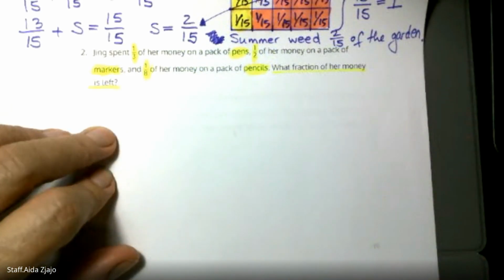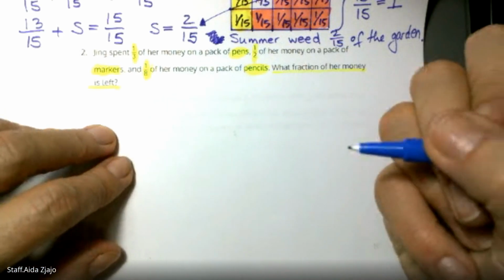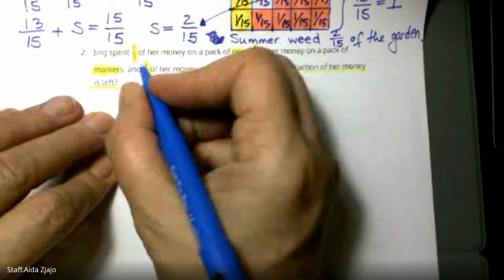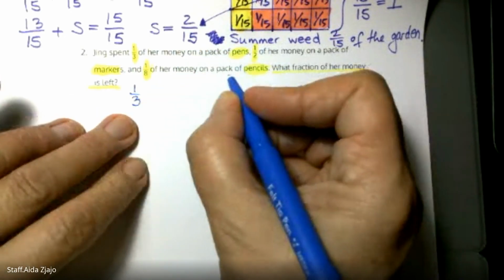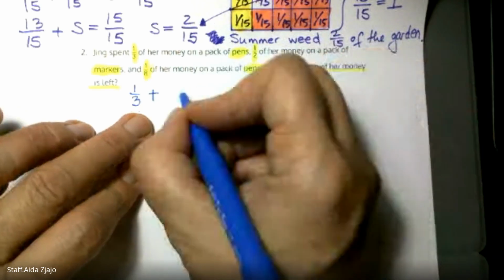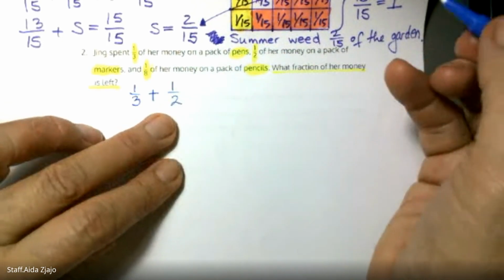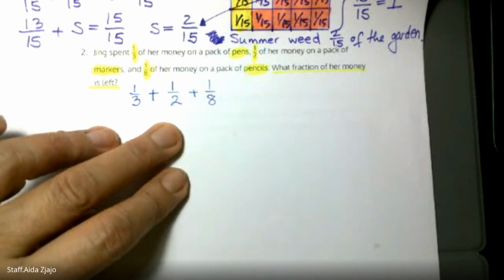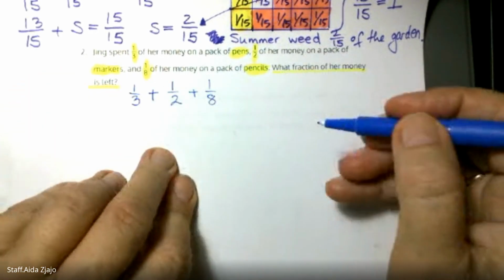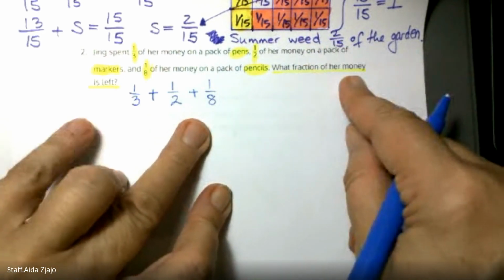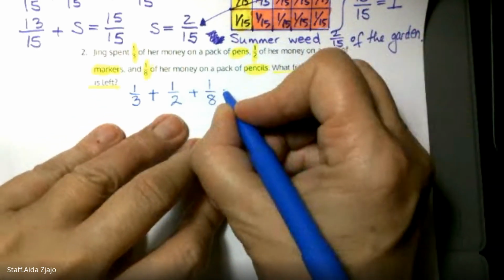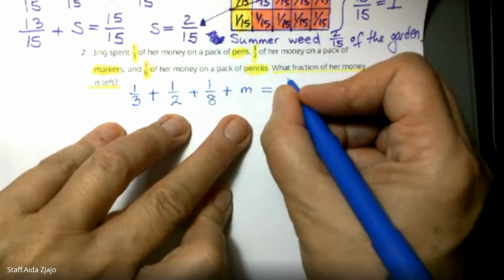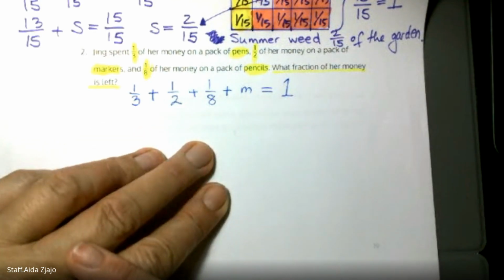So it's the same thing. The one represents the whole money she had. So if we think about this, 1/3 she spent on pens, plus 1/2 she spent on markers, plus 1/8 she spent on pencils, and then plus what fraction of her money is left. Plus the left money, or M for the money, must equal the whole money that she has.